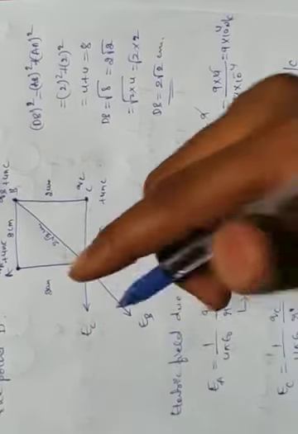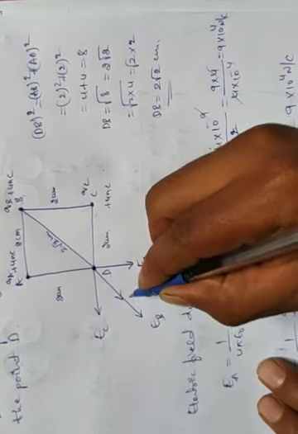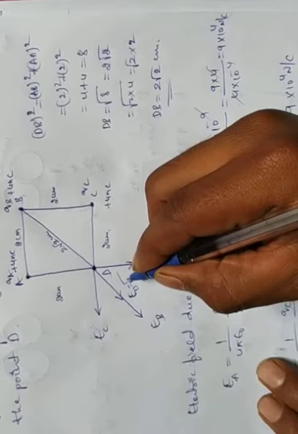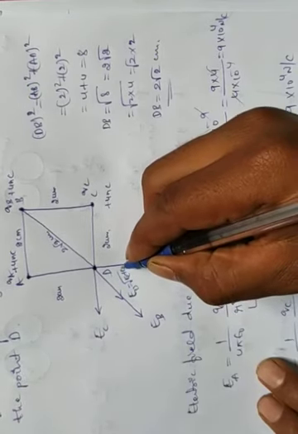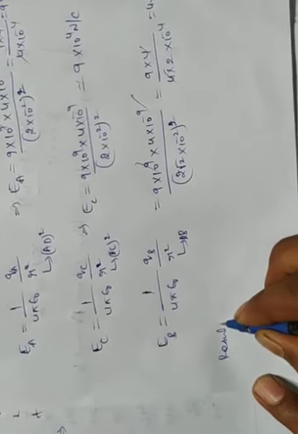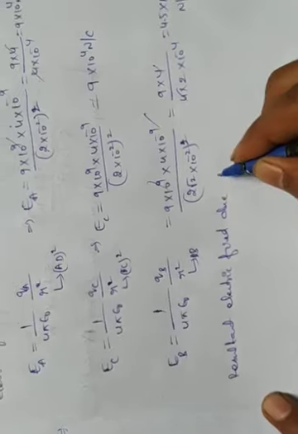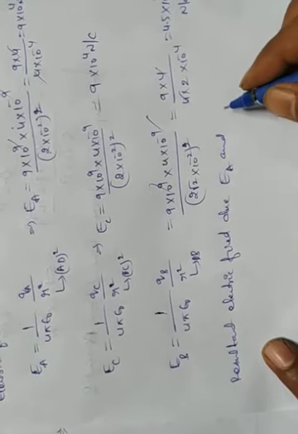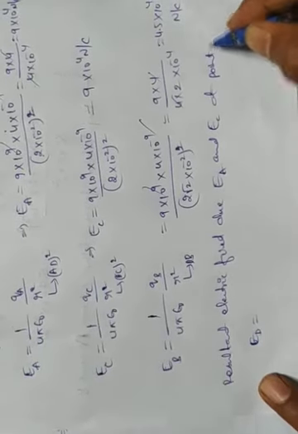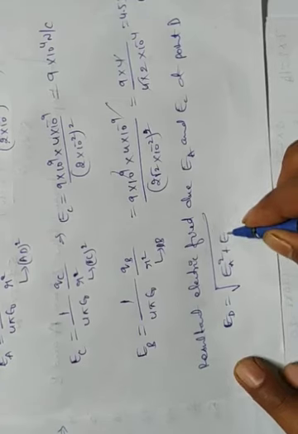For this we have to get the resultant in this direction, so we can write the resultant electric field at the point D. That is equal to square root of EA square plus EC square.